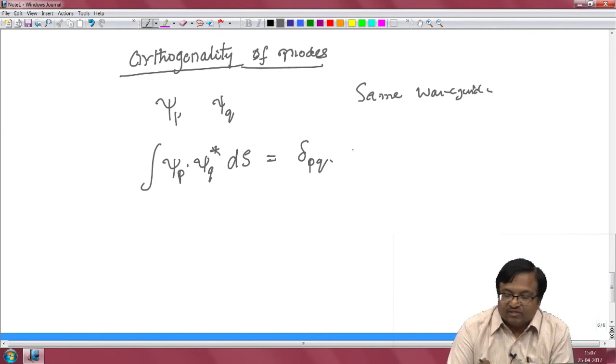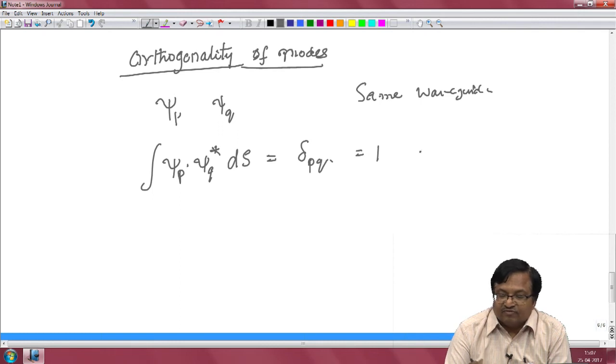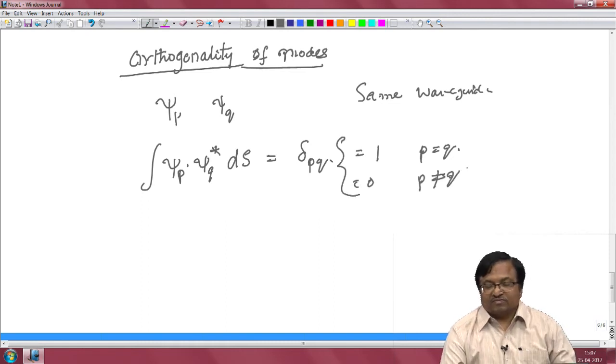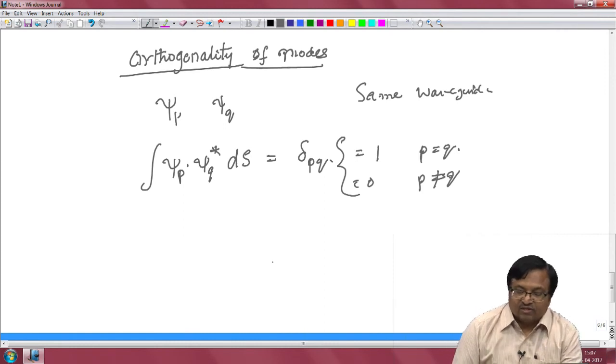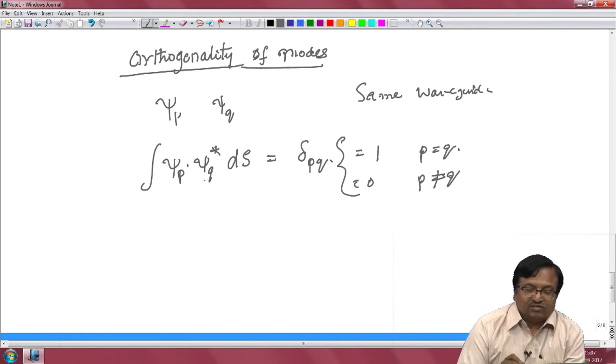For example, delta pq is equal to 1 if p equals q and is equal to 0 if p is not equal to q, which means if the modes are different then their overlap factor is 0. This is called the orthogonality principle.